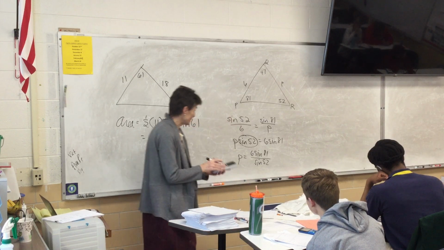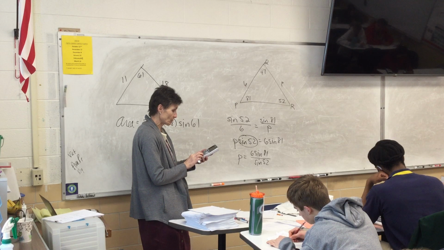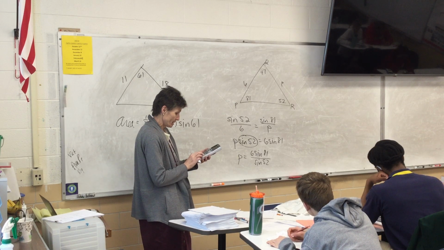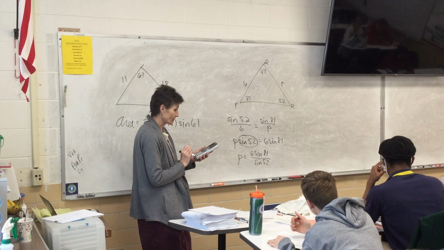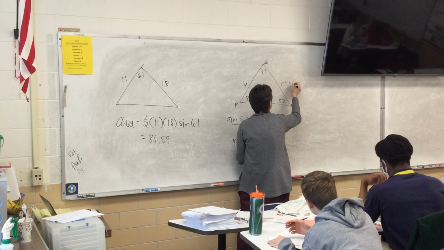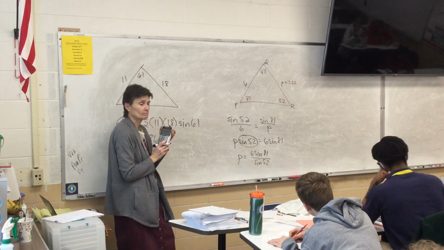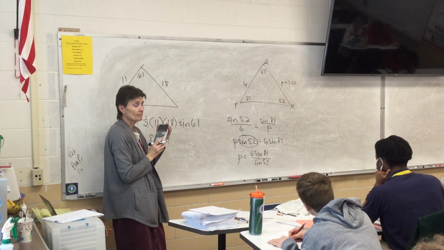So I'm going to type that in: 6 sine 81, close parentheses, divided by sine 52. Did you get 7.52? I did the wrong one again. Doesn't matter.